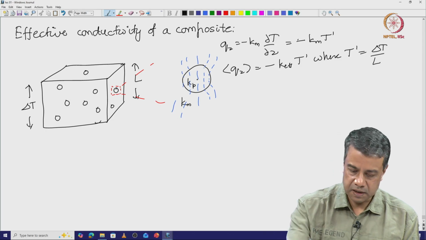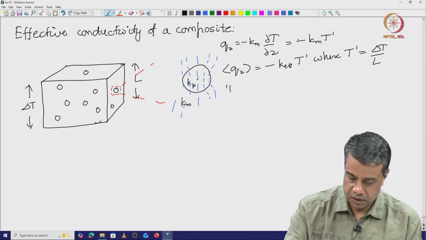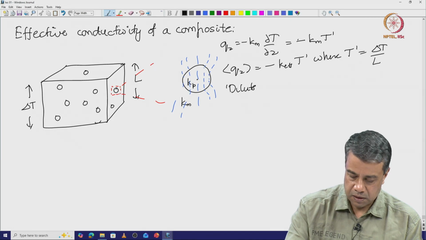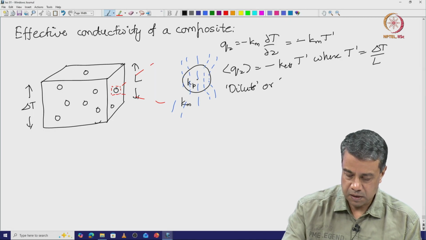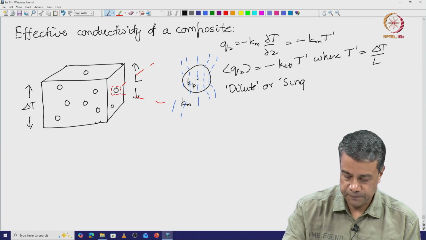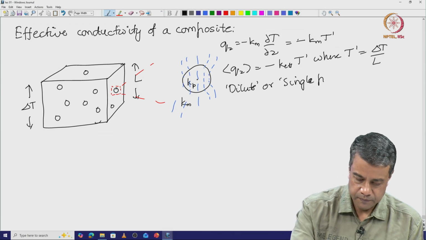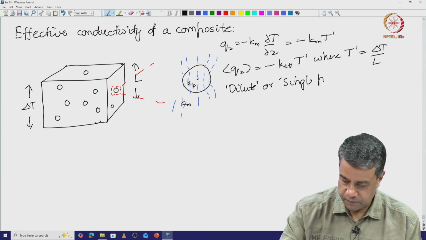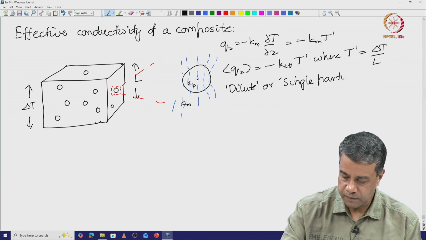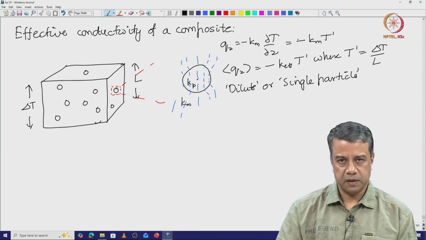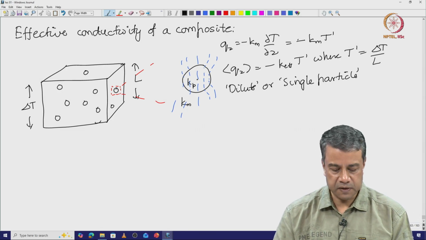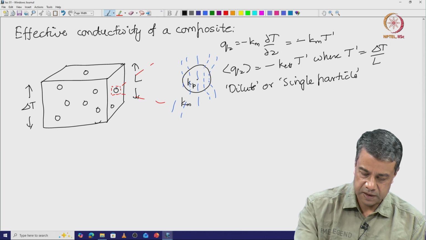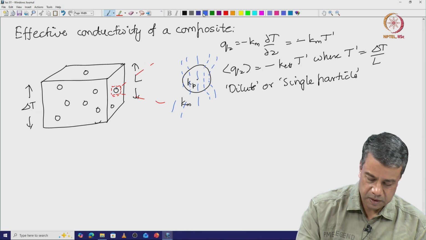We were considering this in the dilute, or single particle, limit, where the temperature field around this particle is not affected by the disturbance due to nearby particles.